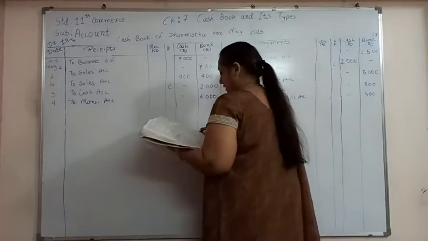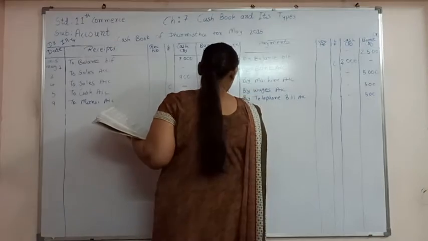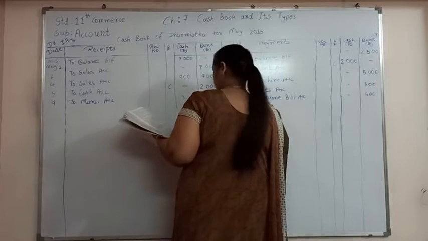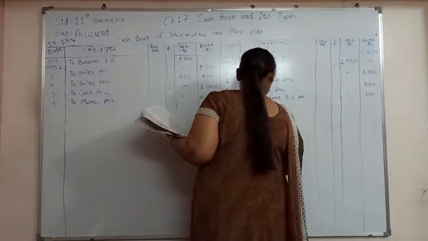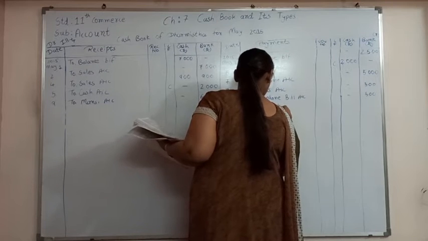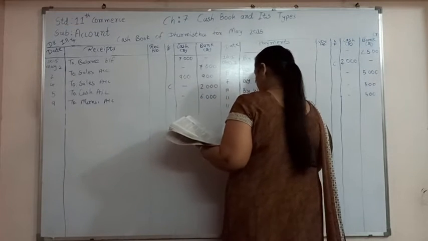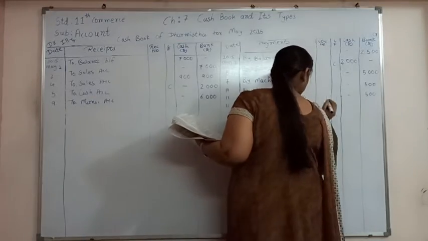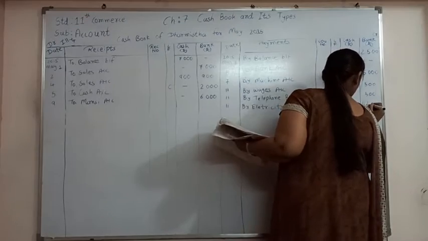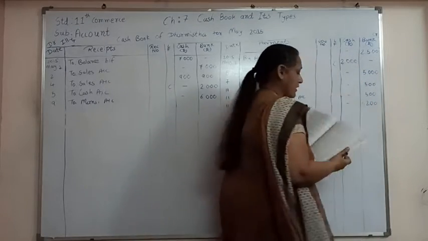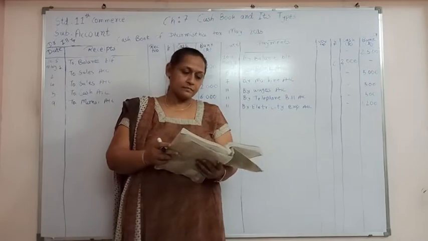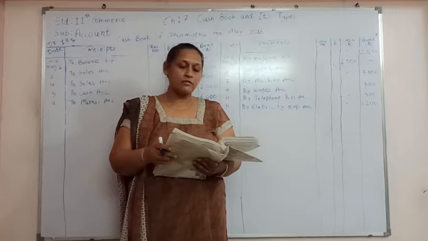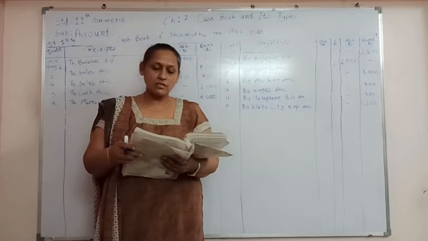And next is electricity bill, electricity expense account, that will be 1200. So for that. Next, on date number 13, rupees 2000 withdrawn from bank for the payment of insurance premium.